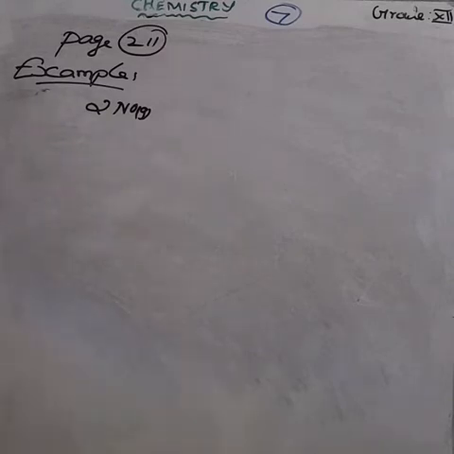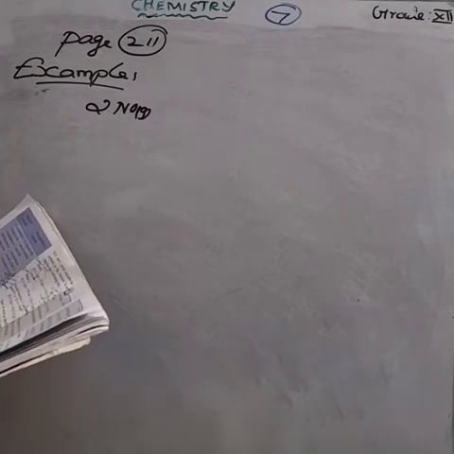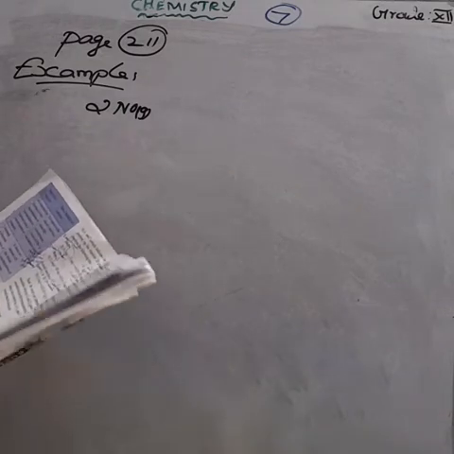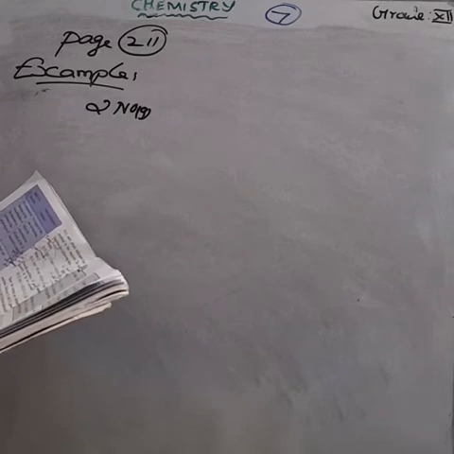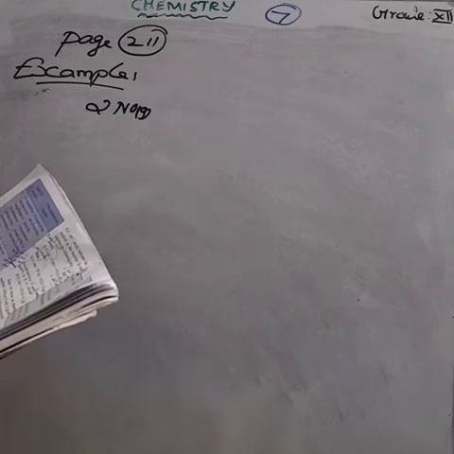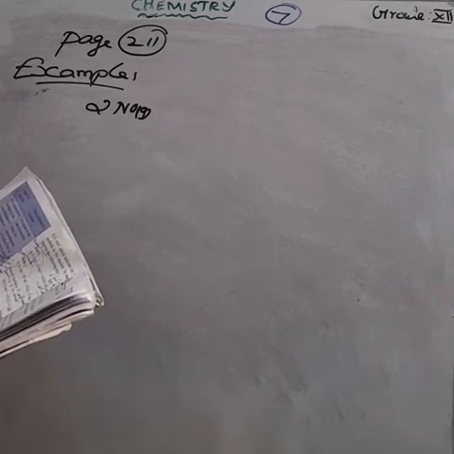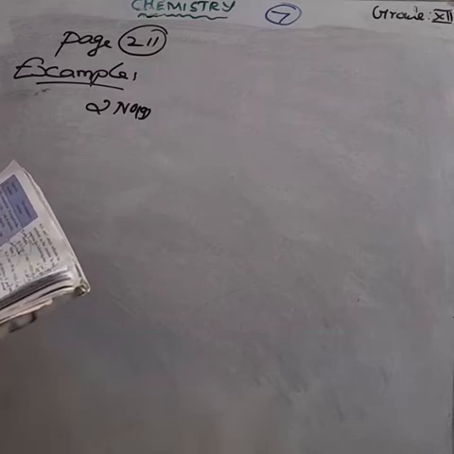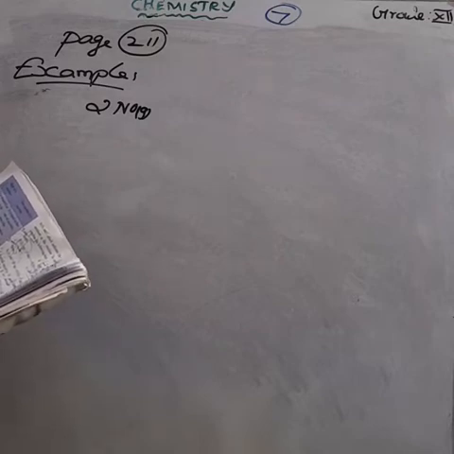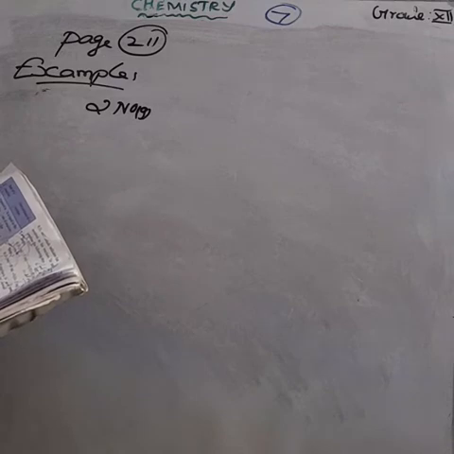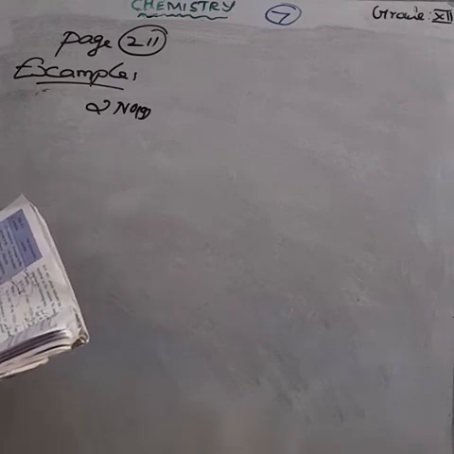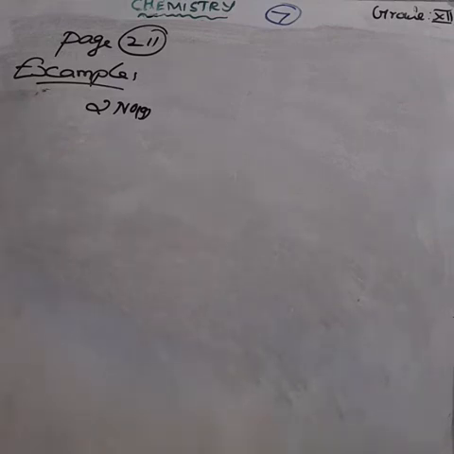Second question: at a particular instant, when O2 is decreasing at 0.2 mol per liter per second, at which rate is NO2 increasing at that instant? One of the important questions.